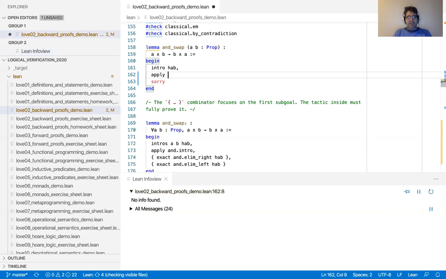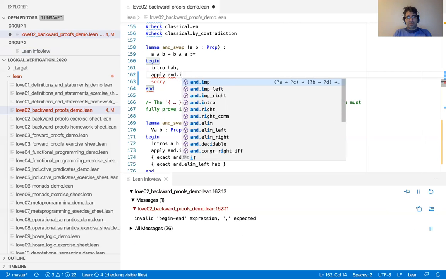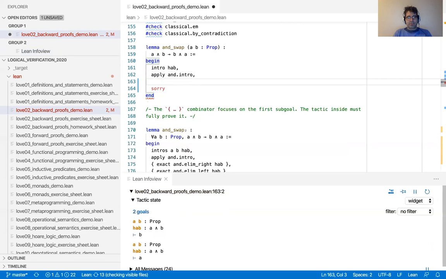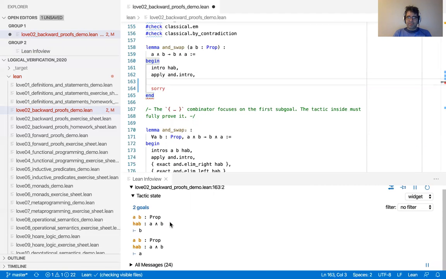So we apply the introduction rule for conjunction, for and, and we end up with two goals, just as I promised. One where we have to prove B, and the other one where we have to prove A. Okay. Then what can we do?